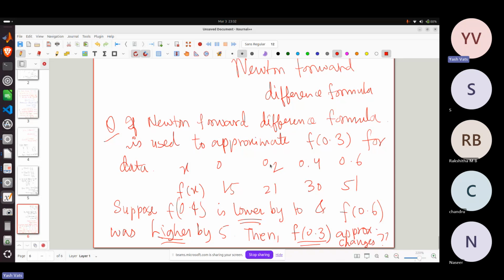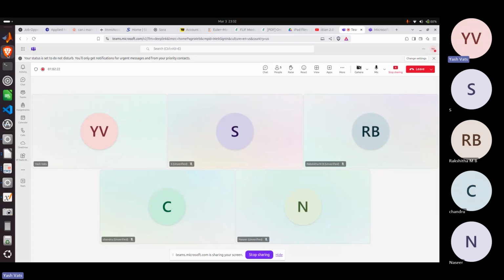So in this question you need to find out how the approximation of f(0.3) changes if f(0.4) and f(0.6) are changed: f(0.4) lower by 10, f(0.6) higher by 5. Just try this one. And yes, we'll stop here. If you have any questions.